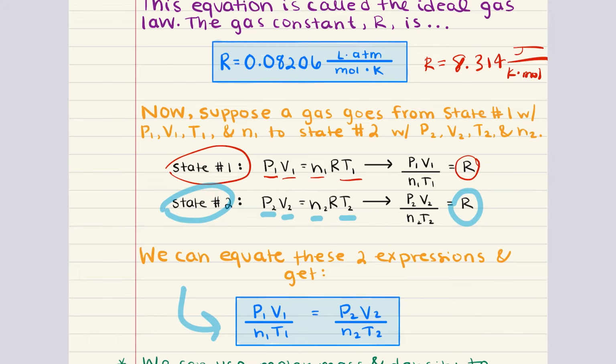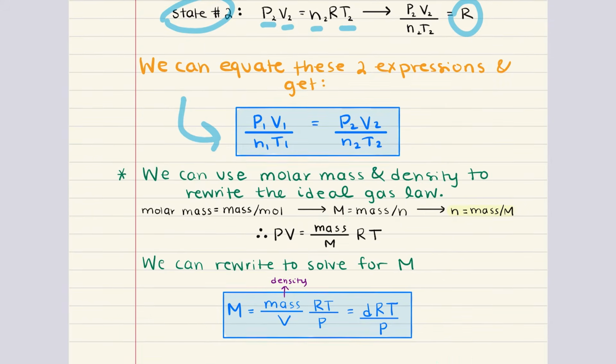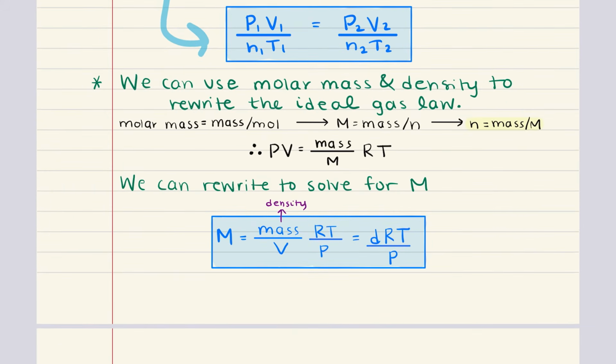Now, the last thing that we want to cover before we jump into some practice problems is how we can rewrite the ideal gas law using molar mass and density. We're going to first start off by writing molar mass. Molar mass is equal to mass divided by mole. Now, if we shift the variables around, we can write a definition for moles.